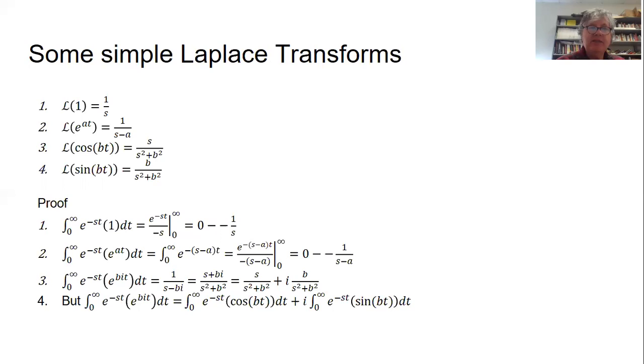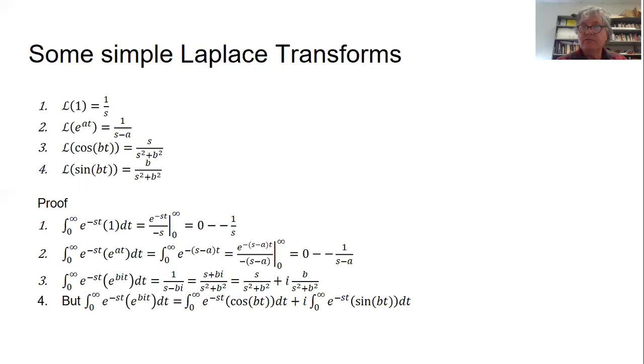Even simpler is the Laplace transform of an exponential. When you put e to the at into the definition of the Laplace transform, the exponentials combine, so you get e to the minus (s minus a) times t. So you can take the antiderivative of that, dividing through by minus (s minus a).